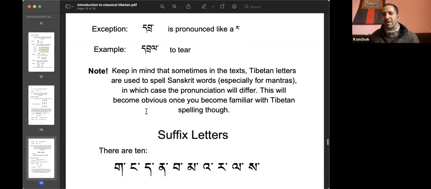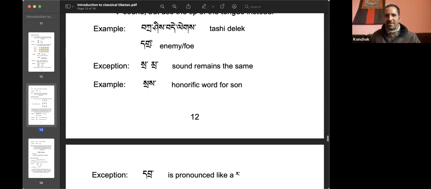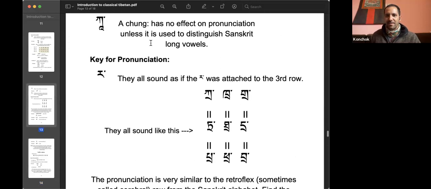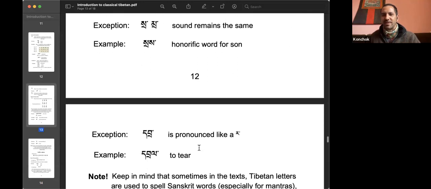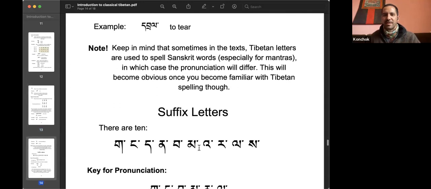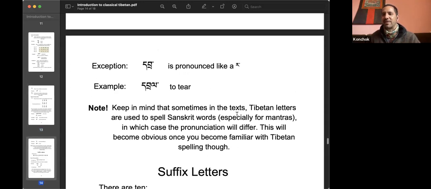For example, if you see prajna paramita, the perfection of wisdom, you cannot write pra in Tibetan like that, but it will be a paratak, this one, and then you would say pra if you see it in Sanskrit. But I don't want to confuse you. Don't worry about it. I just have to make a note so you know that this exists.